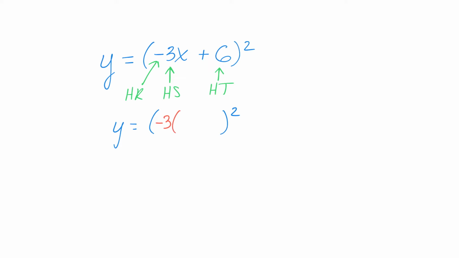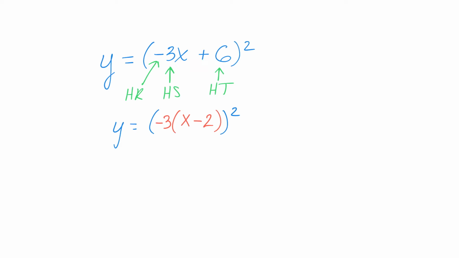So your new bracket is going to have x, and then what? You change the sign here because you're going to need a negative 2. So your translation has changed, right? It appeared you had a translation of 6 to the left before, but we actually have a translation of 2 to the right. So it's not necessarily the stretch that changes so much, it's the translation that really gets you.